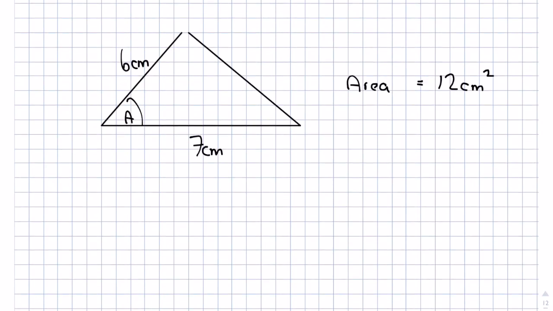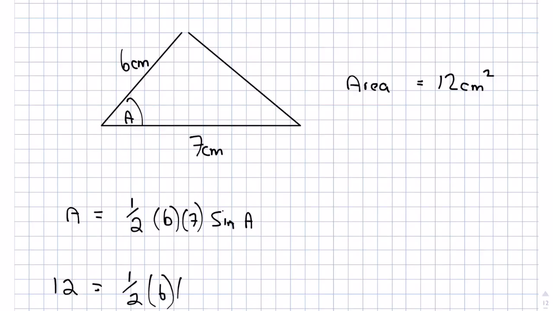So we know that the area is a half, remember, the product of the two sides, 6 by 7, by the sine of the angle between them. So a half 6 by 7 by sine A will give us the area of the triangle. But we actually know the area already. So 12 is equal to half 6 by 7 by sine A.